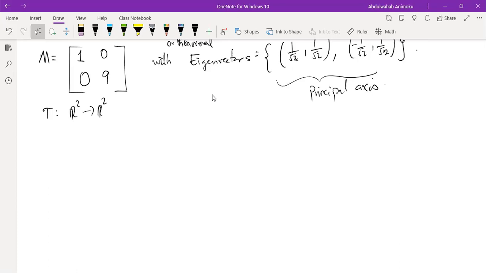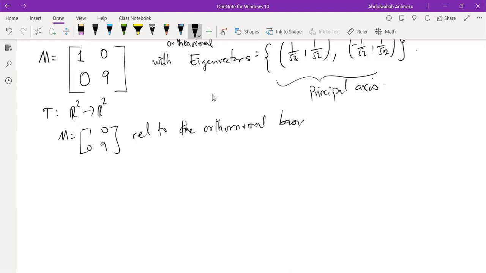We are changing the matrix of transformation for T. T is the transformation from R squared to R squared, where the matrix of transformation relative to this new set of bases would be what? 1 0 0 9, relative to the orthonormal basis.